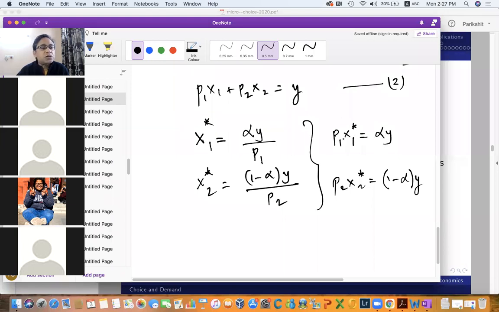P1 x1 is the total spending on good one. Okay, not the quantity, but the total amount spent on good one, and that is this fixed fraction alpha of her income. And that's why income elasticity is 1. Okay? I'm not calculating it. You can just put your head down and do the calculation and find that it's 1. And it's 1 precisely because when income increases, the consumption of all the goods are scaled up in exactly that proportion.